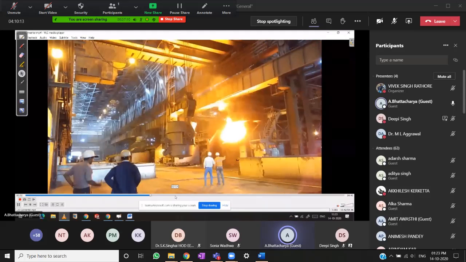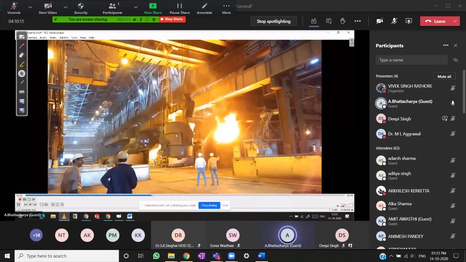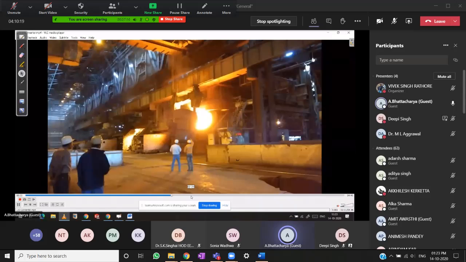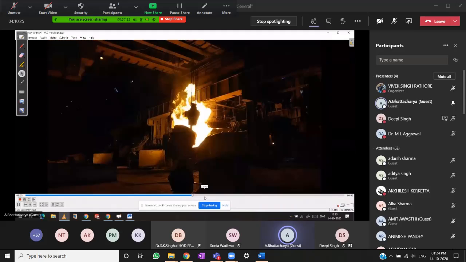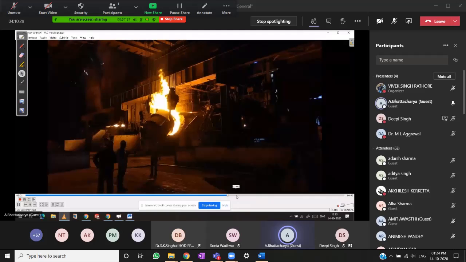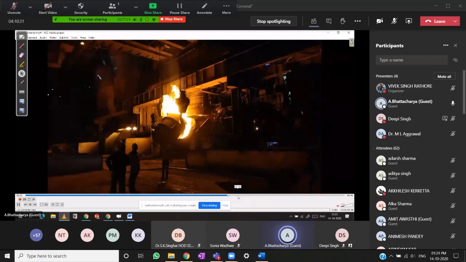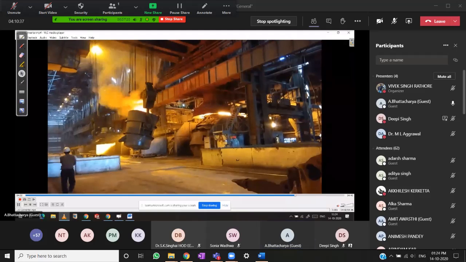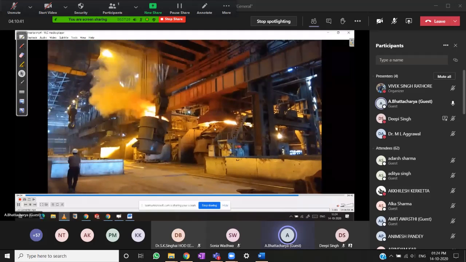Hot metal, etc. is poured into this. You can see the hot metal is poured into the LD vessel. Once this is poured, the lance will be lowered and blowing will start.